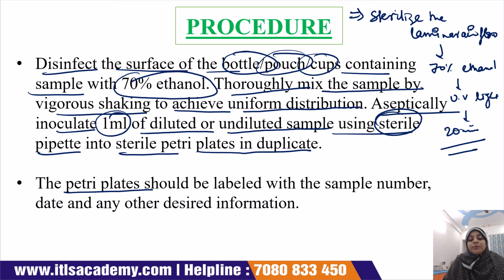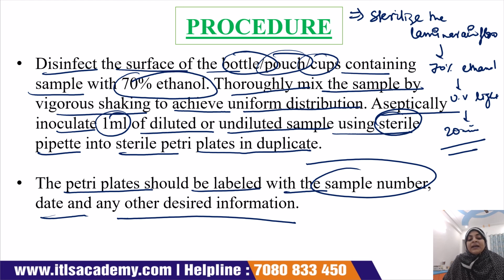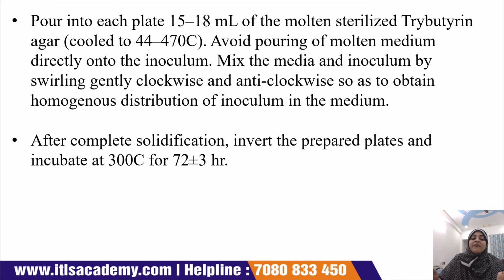Now the petri plate should be labeled with the sample number, date, and any other desired information. The information that you think is very important for your experiment, you can mention on the petri plate, but the sample number and the date on which you are performing the experiment should be mentioned on your petri plate. Now after that, you pour into each plate 15 to 20 ml of the molten sterile tributyrin agar, whose temperature range is between 40 to 47 degrees Celsius.